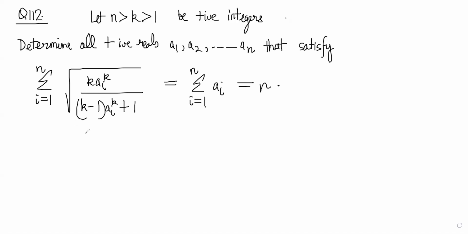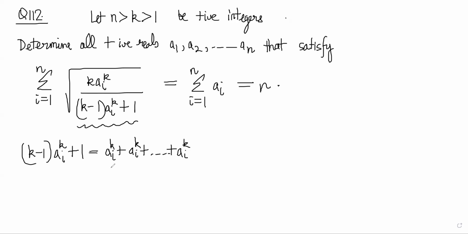Now think about it. This expression is a little complicated. We'll try to set up an inequality on the denominator here. So we can say k minus 1 ai power k plus 1 is the same thing as ai power k plus ai power k, and this is going to be added k minus 1 times, plus 1. And we know that k and ai are all positive. So we can apply AM-GM on these overall k terms.